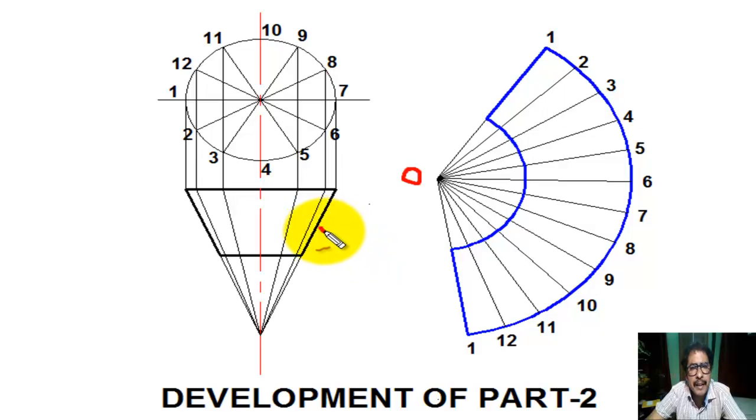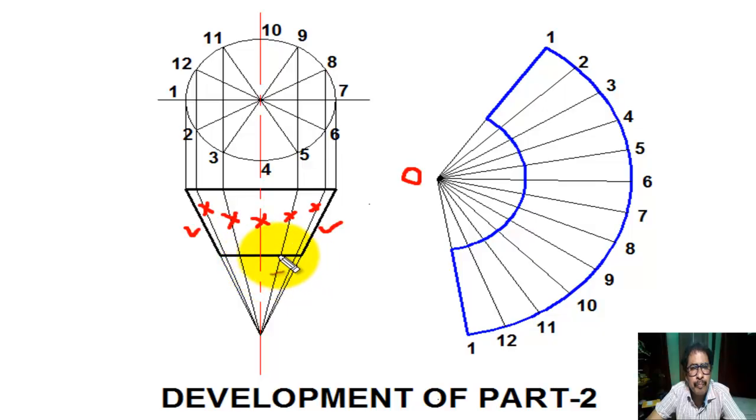This generator and this generator are true length. These generators are not true length, all these generators are true length.